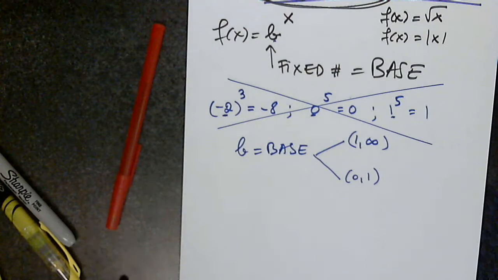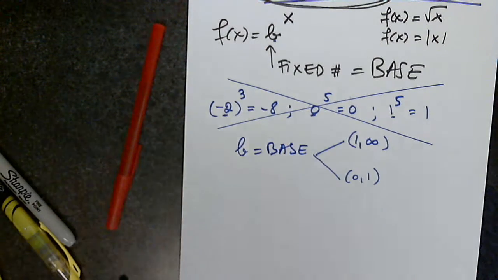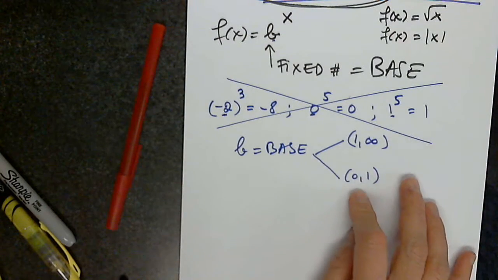Okay, so this function will increase the list of functions we know. We just reviewed them: the cube root, the square root, the absolute value, quadratic, linear, right? So this will be a new function, and it will have 2 different shapes.